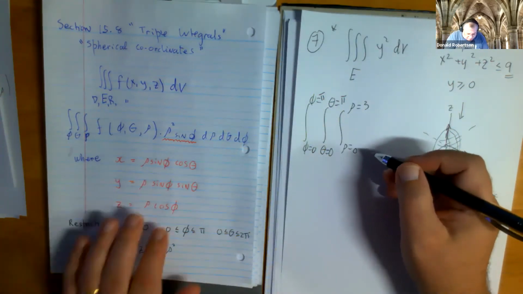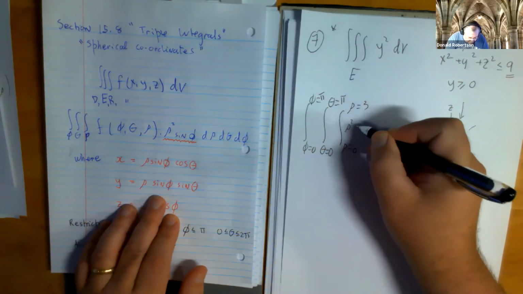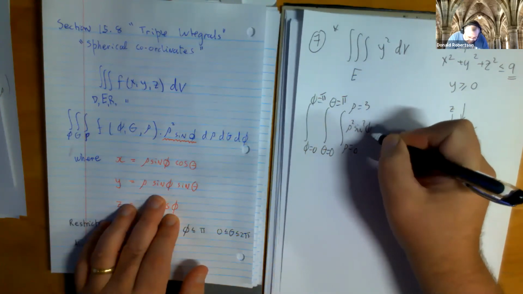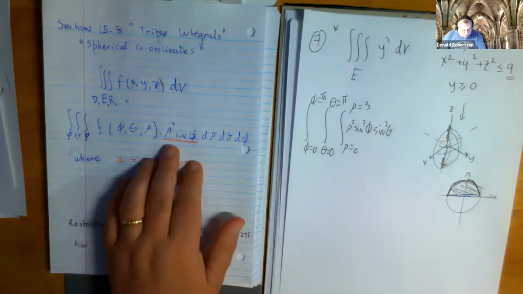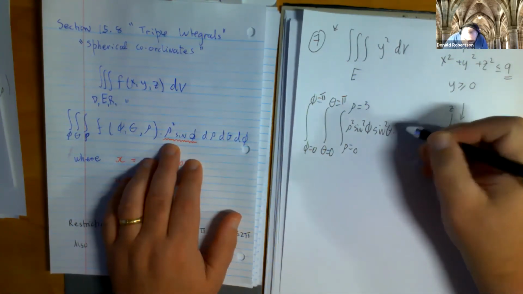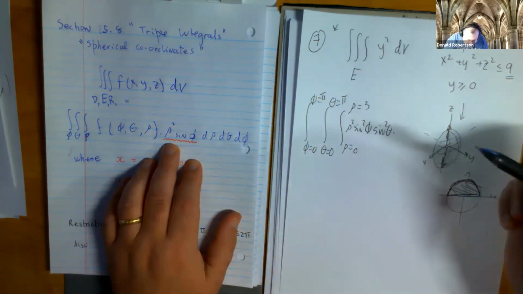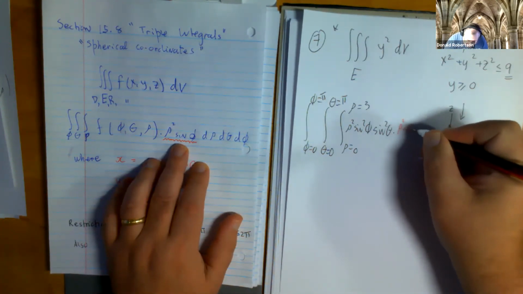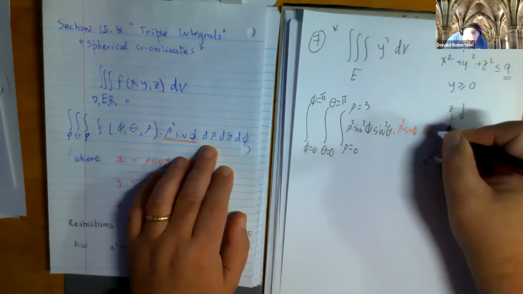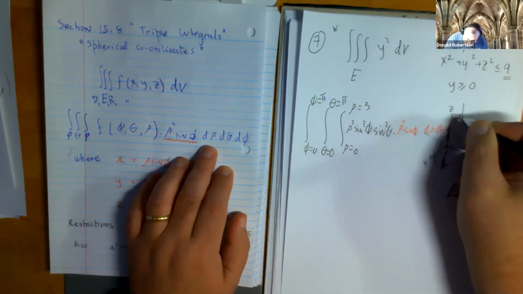Now, y squared happens just to be an ugly rho squared, sine squared phi, sine squared theta. And then we add in, I'm going to make this red because it's going to get crushed in a minute, rho squared sine phi, and then it's d rho, d theta, d phi.